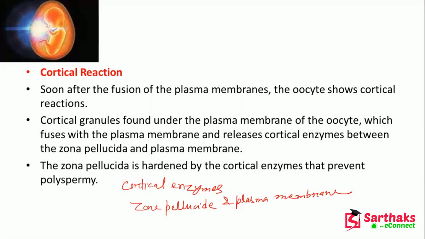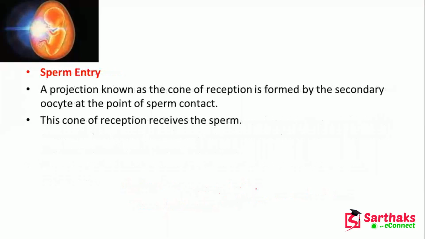The zona pellucida is hardened by the cortical enzymes and prevents polyspermy.